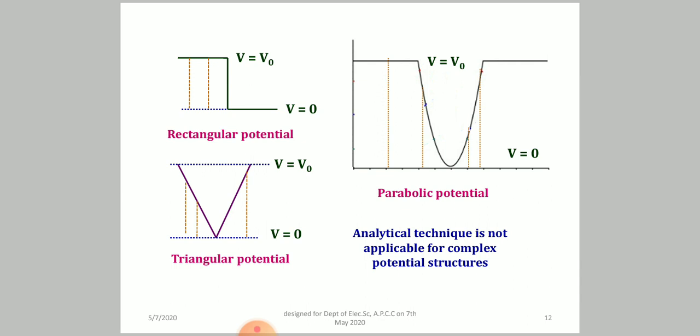So complexity of the potential structure now takes place. Nature gives us complexity. Once we have this complexity, we can't simply apply our well-known Schrodinger equation in an easy analytical method. So the analytical method will not take shape.